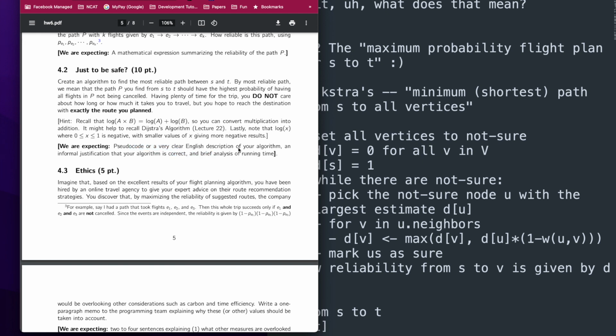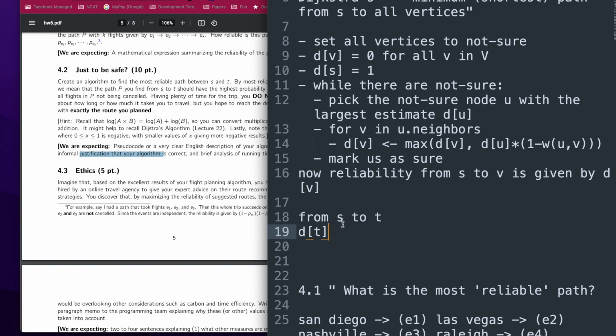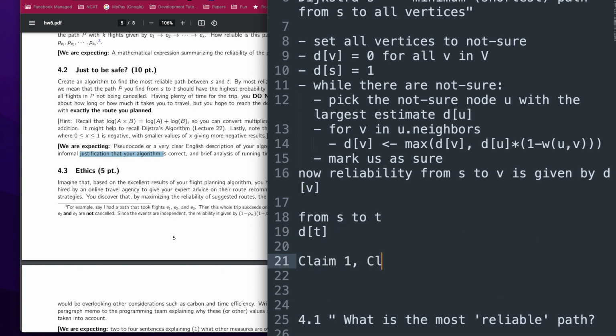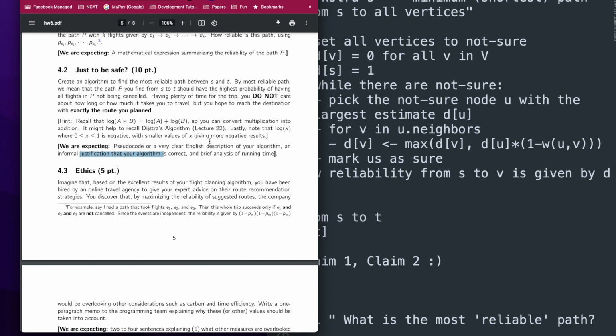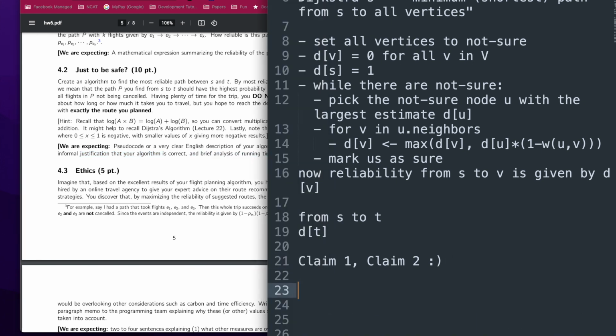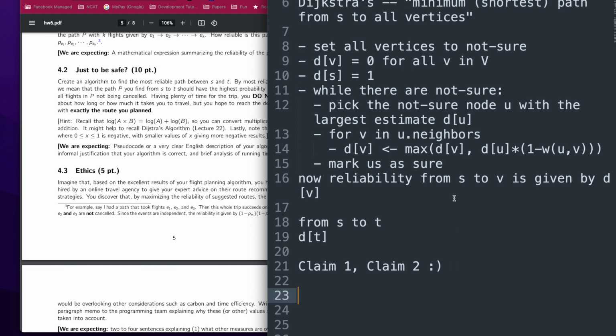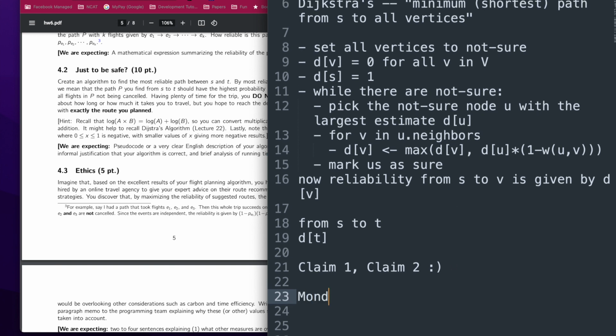The other thing that we're missing here is you want to justify that your algorithm is correct. So you want to make similar arguments that we did in lecture, like claim 1, claim 2. And then you also want to briefly analyze the running time. You won't be able to do this yet, so any analysis that gives a general understanding of how long this algorithm is going to take to run is suitable, since we didn't get to cover all of Dijkstra, but we will cover it on Monday.